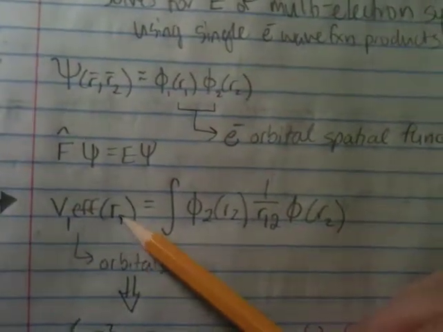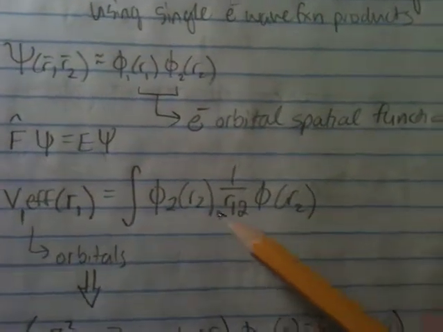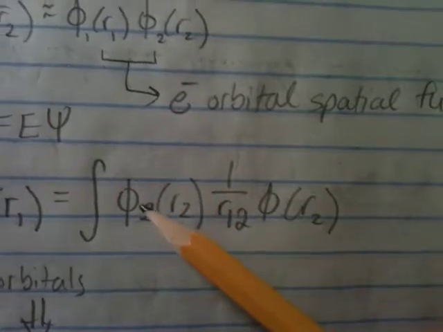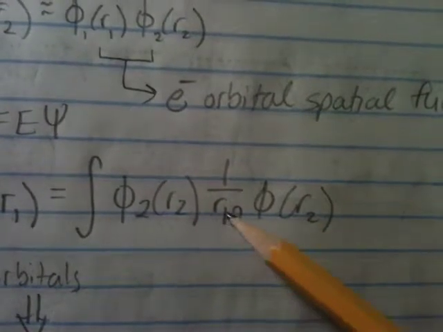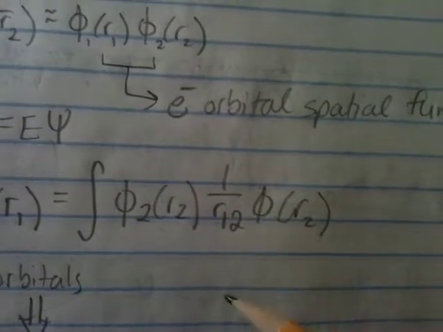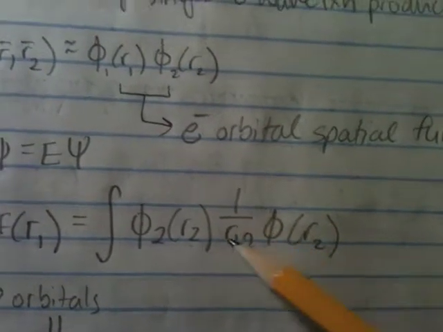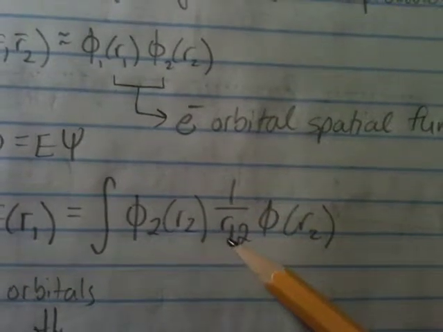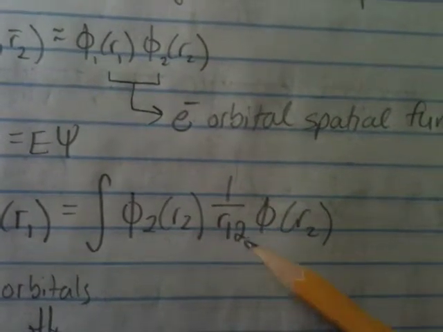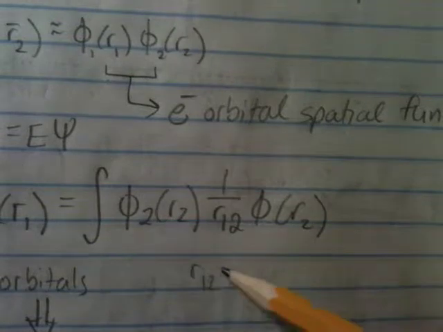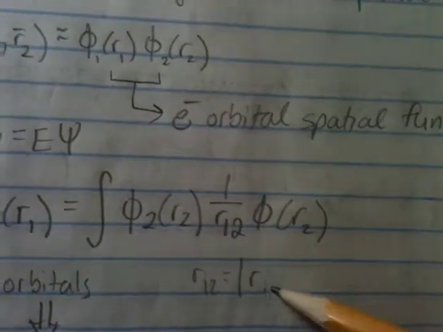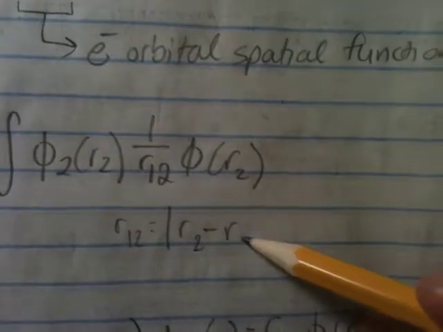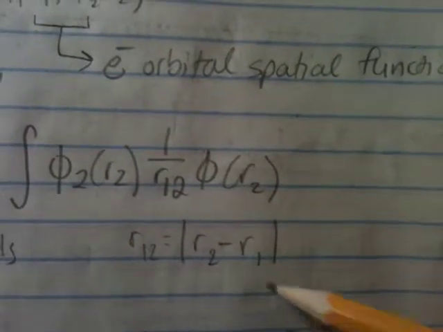So for the first electron, the interaction occurs between R2 space and R1 space. So the operator is going to be 1 over R12, where R12 is equal to the absolute value of R2 minus R1.